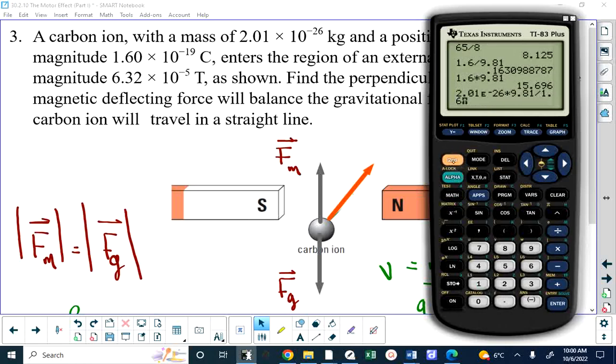We were told what the charge of the ion is, and also divided by the magnetic field. That's pretty much the Earth's magnetic field. It's pretty weak, but we'll go with it. 6.32 times 10 to the negative 5. Got a lot of numbers there.